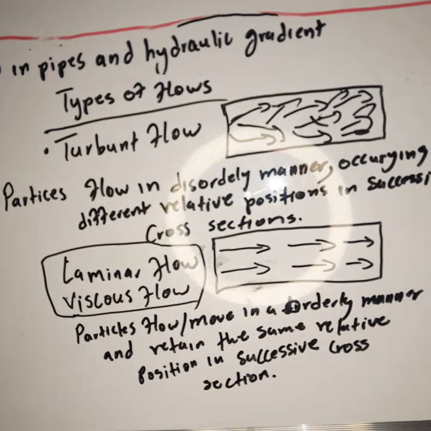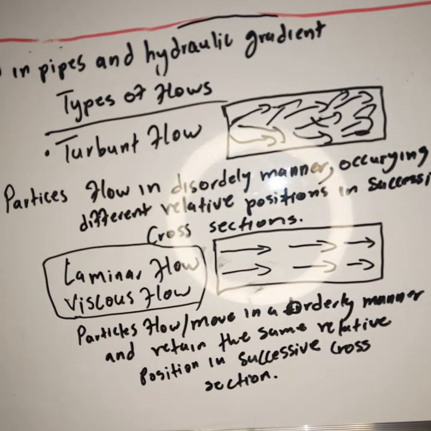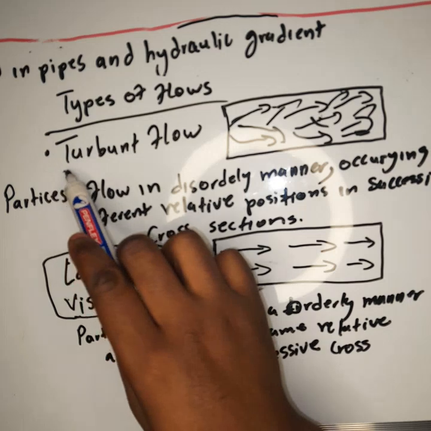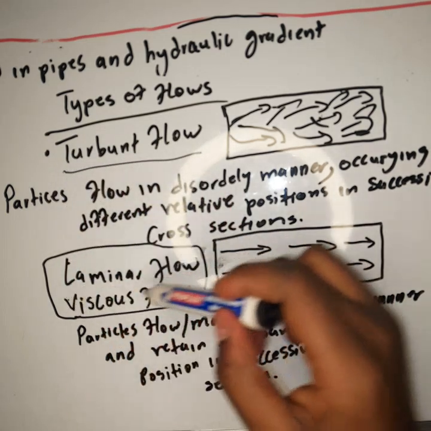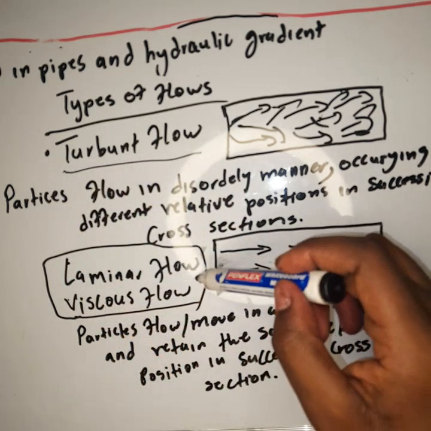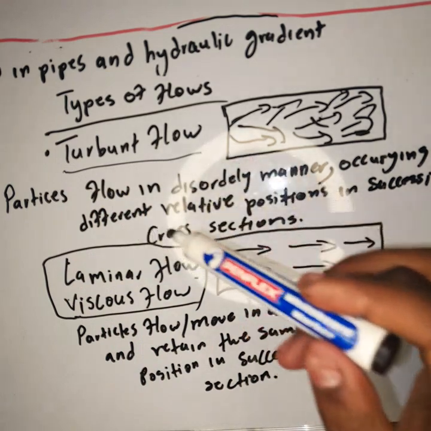These are the types of flow. We can repeat it. We have two types: turbulent flow and laminar flow, or viscous flow, which is the same thing.